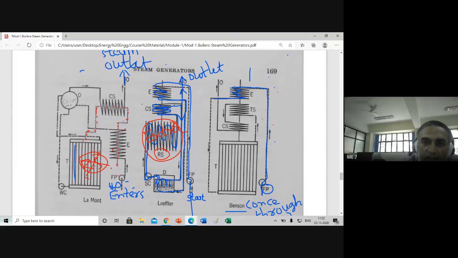From the economizer, that hot water is sent to these tubes like this. Then afterwards, this becomes steam that is sent to the transition section superheater. Then it is sent to the convective superheater. From the convective superheater, it is sent to the outlet.